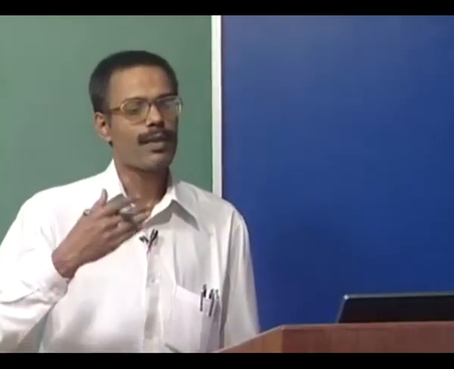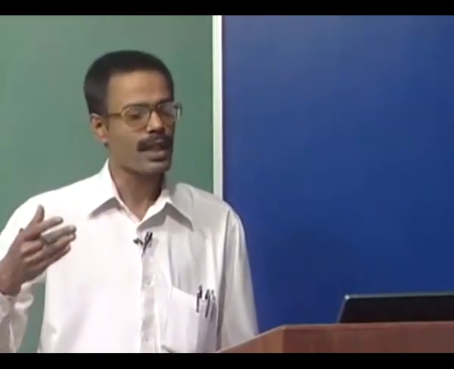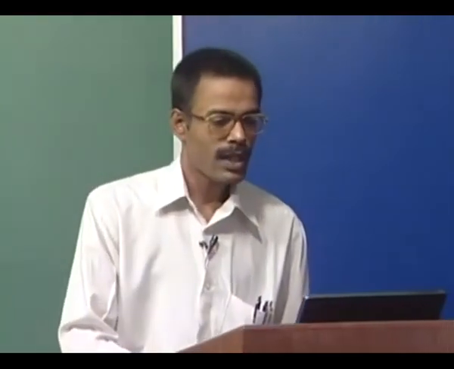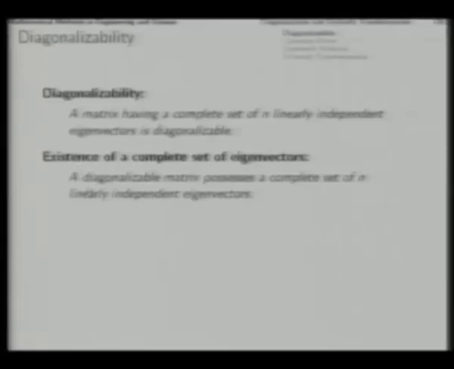So, we can say this about diagonalizability of a matrix. A matrix having a complete set of n linearly independent eigenvectors is diagonalizable. That is, the n by n matrix can be diagonalized if it has a full set of n linearly independent eigenvectors. The converse is also true, that is, a diagonalizable matrix possesses a complete set of n linearly independent eigenvectors.